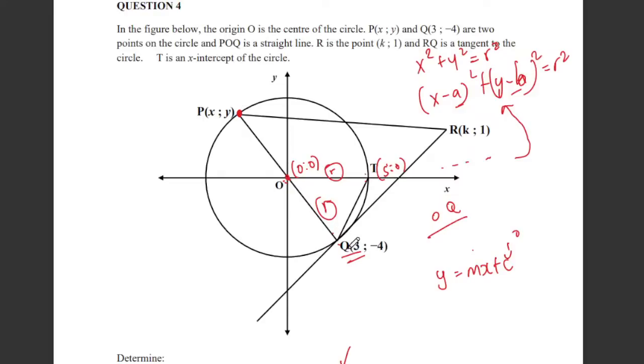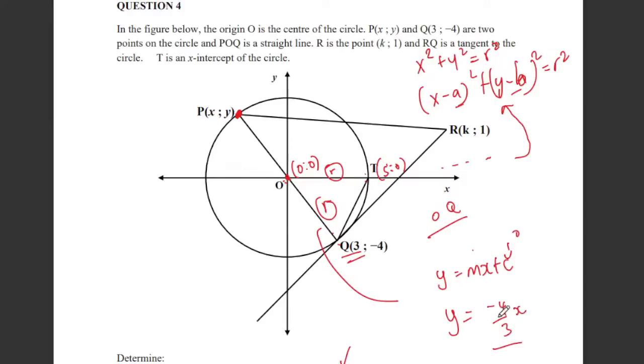It's the same line. For us to get the coordinates here, remember, P is meeting the circle, so get the equation of that line and then solve it simultaneously with the equation of the circle. Let's say y is equal to negative 4 over 3. I'm just saying, if that is our equation.